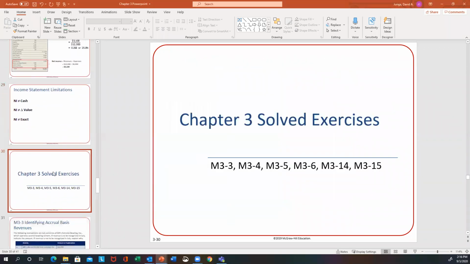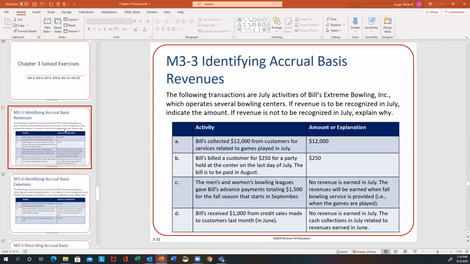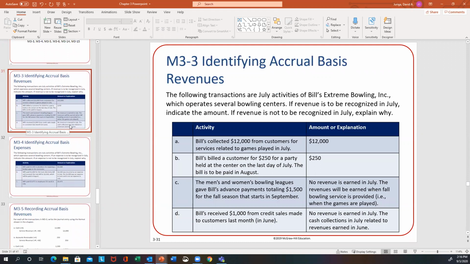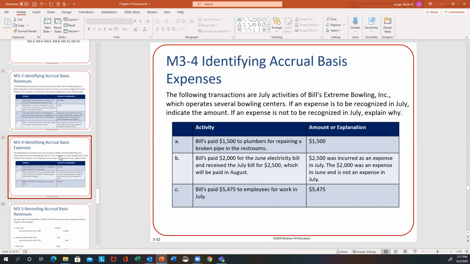All right, so next up, we're just going to look at some of these solved exercises in chapter 3. I'll walk you through a few of them. And again, we'll go through some of these transactions where we have the accrual basis idea of revenues, which basically says you recognize revenues when you've earned them, and expenses, you recognize those when you have incurred them, which typically you incur them as you generate your revenue.